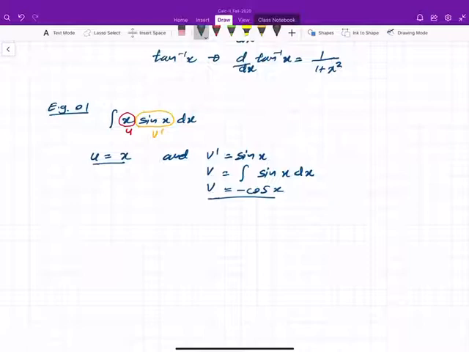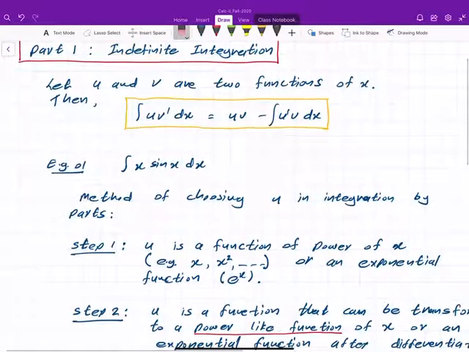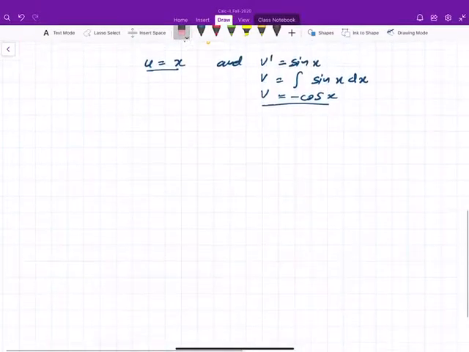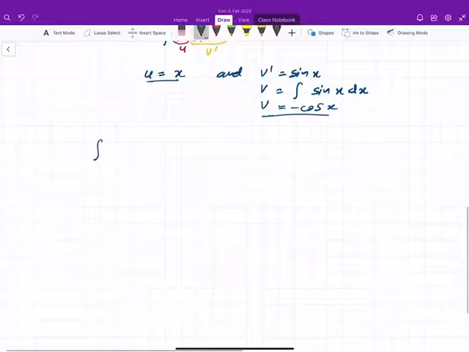All right. Now everything is convenient. Now you just have to plug those u and v into this formula. So let me plug those into that formula. Integration of u times v prime dx should be uv minus the integral of u prime v dx.